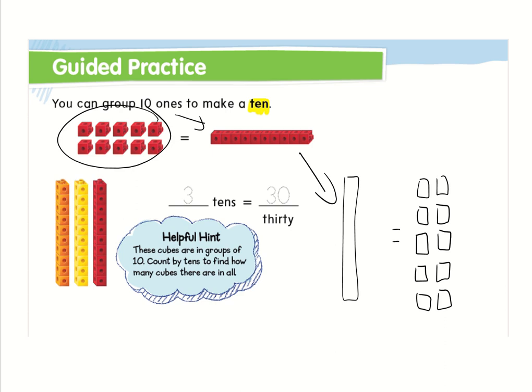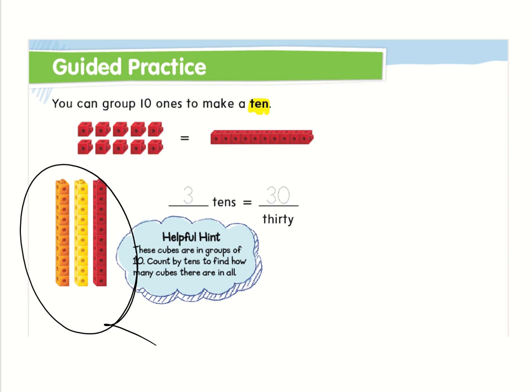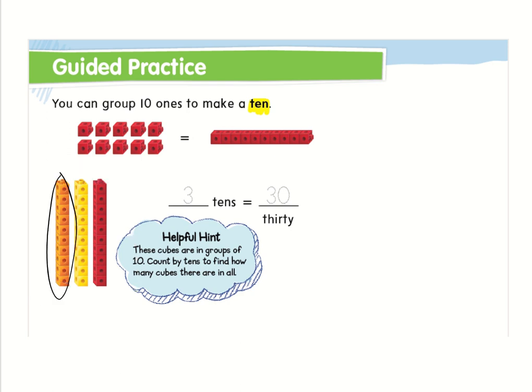So for example, on this side right over here, we're actually going to be talking about how many we have right there. Now instead of counting like 1, 2, 3, 4, 5, we don't want to do that, because we know that we have a nice easy 10 right here that we can count. So we're going to go 10, 20, and 30. So 3 tens actually equals 30.